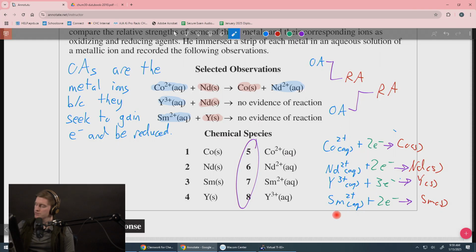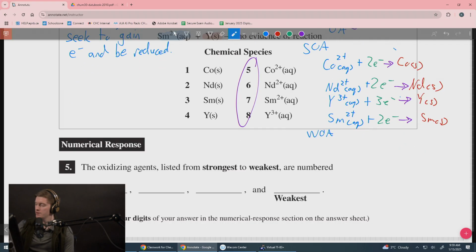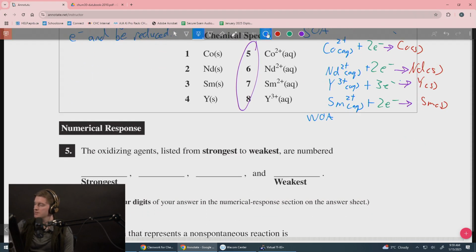But here is our redox table, where this is our strongest oxidizing agent on the top, the cobalt-2 ion, and this is our weakest oxidizing agent on the bottom, our samarium-2 ion, which means that the strongest oxidizing agent from this list would be our cobalt, then our neodymium ion, then our yttrium ion, then our samarium ion. These are the oxidizing agents listed from strongest to weakest.